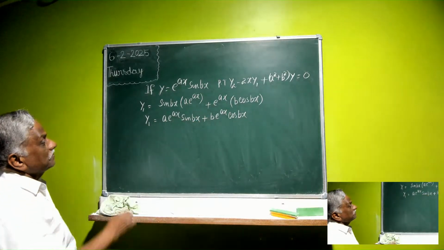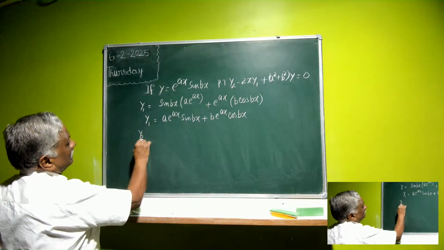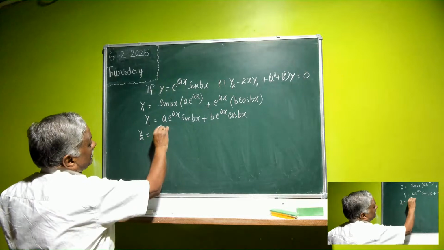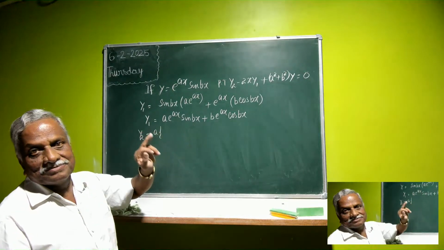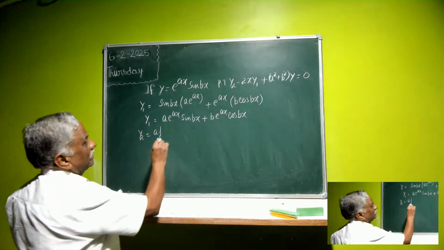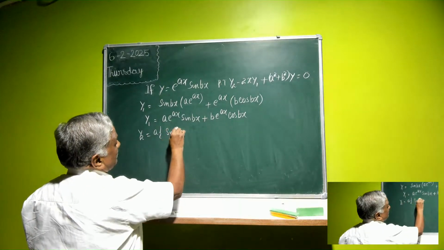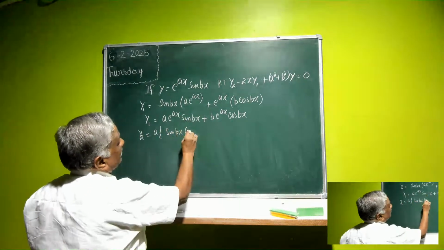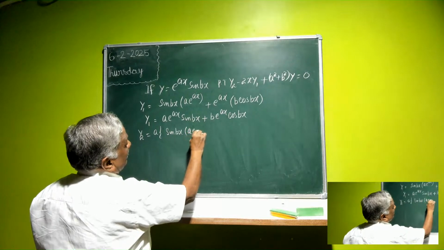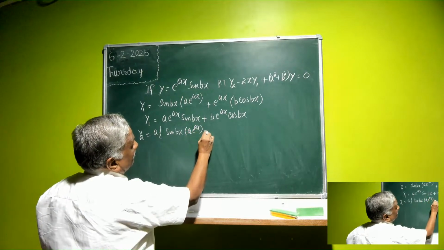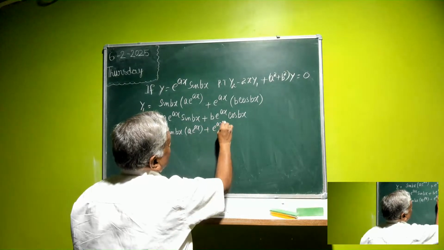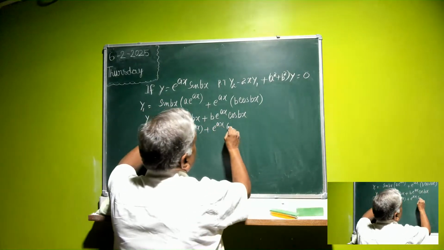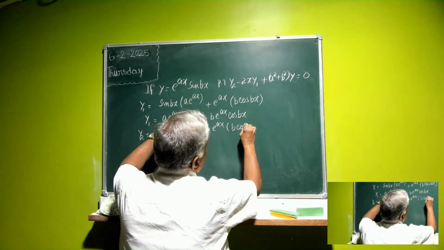Now we should differentiate for the second time. Here a is a constant. Again e to the power of ax sin bx is there. Product rule: keep sin bx as it is, differentiate e power ax, you get a e power ax. Plus keep e power ax as it is, differentiate sin bx, you get b cos bx.